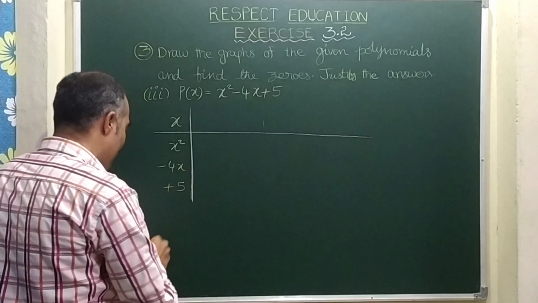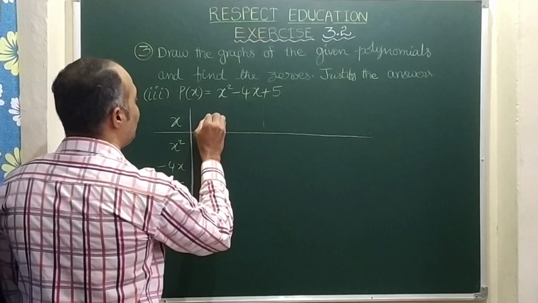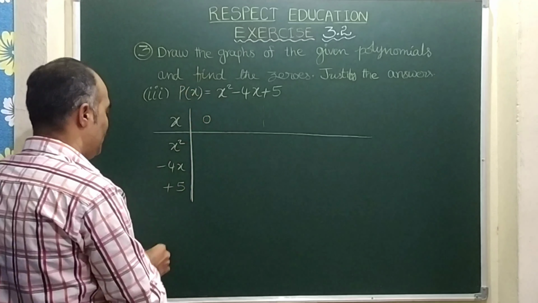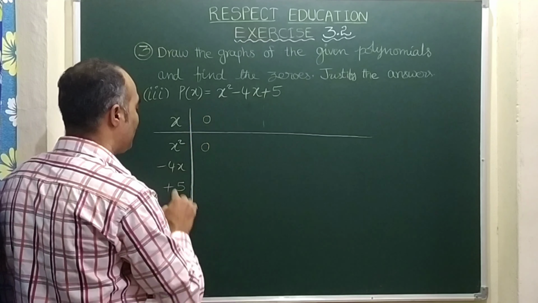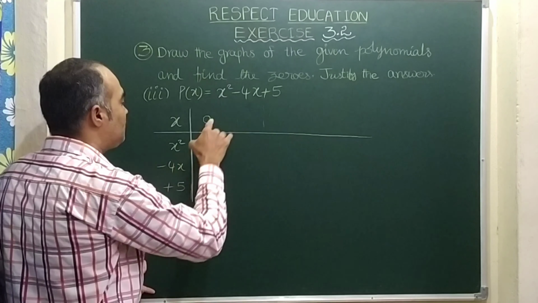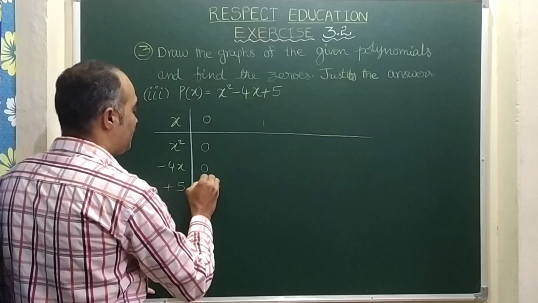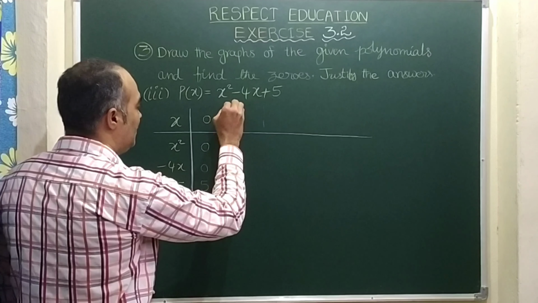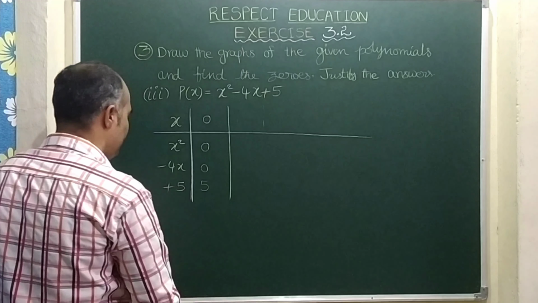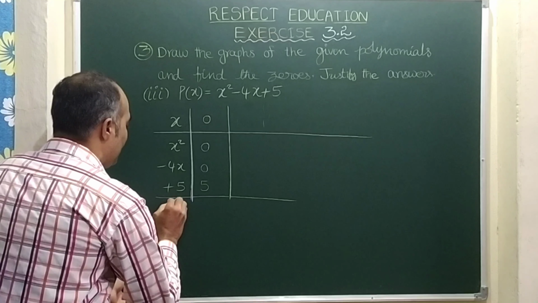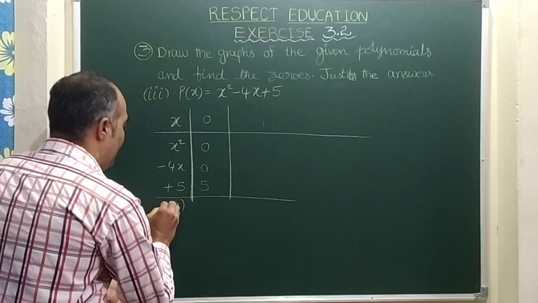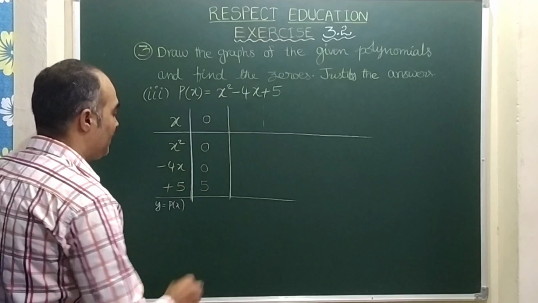Now as I told you, x value let us start from 0. If x is 0, x square becomes 0 square, that is also 0. Minus 4 into 0 is 0, plus 5, let us write plus 5 as it is. So here we can write the polynomial value, that is p of x. Here we are taking that as y.